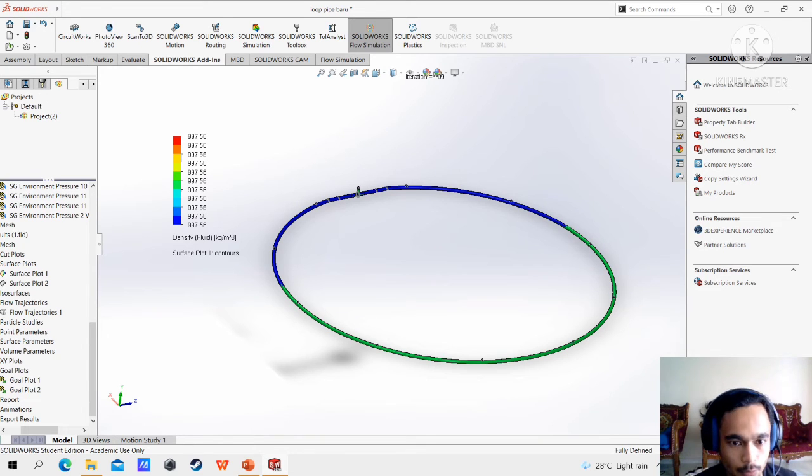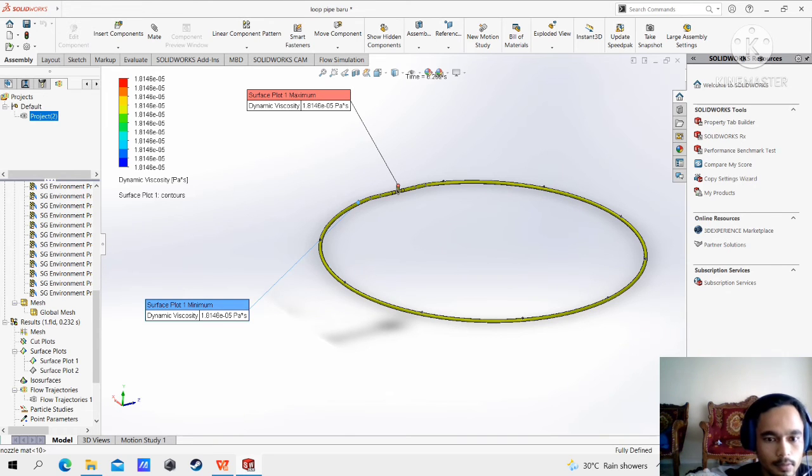And next we go to loop pipe configuration. So the density of the fluid remains unchanged, and the value is 997.56 kilogram per meter cube.